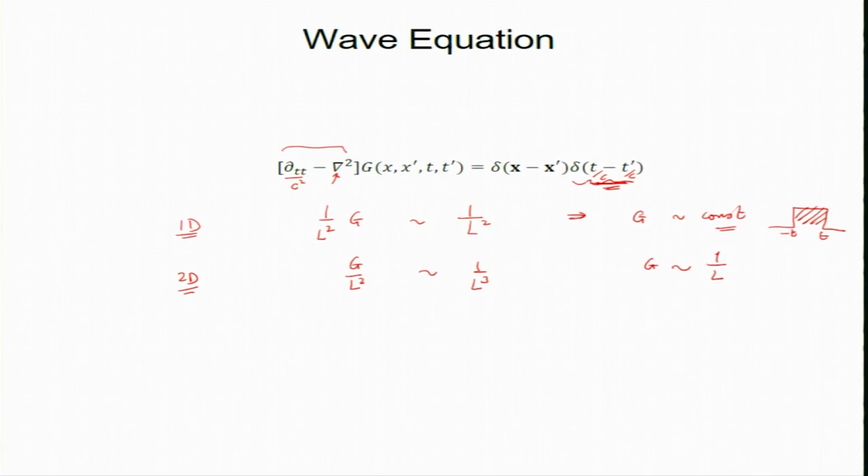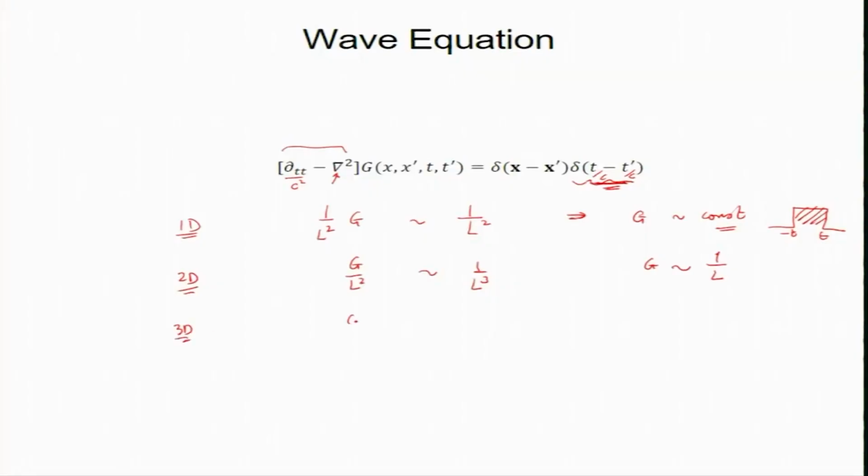2D normally involves some Bessel function. If you are interested, typically this is done in electrodynamics courses or textbooks, good books like Jackson would have this stuff. In 3D, G by L squared is 1 by L to the 4. So, G is 1 over L squared.